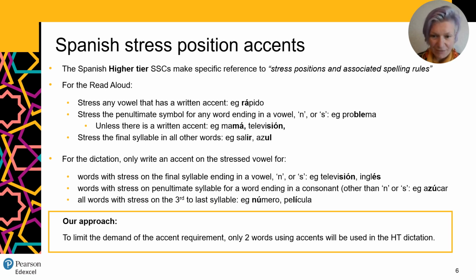For the dictation, it's about where the students will include accents when they are transcribing what they've heard. So you can see the 3 examples there of what a student would be expected to do in order for that word that they had transcribed to be creditable in the dictation.